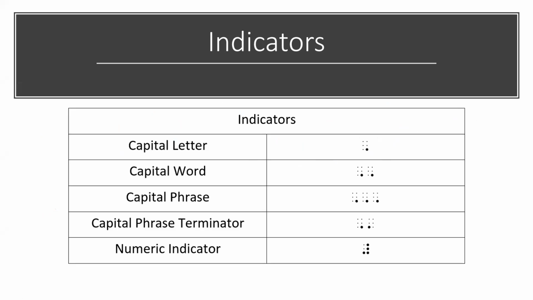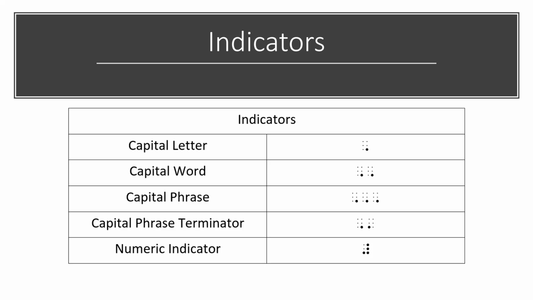So dot 6 in front of a letter is a capital letter indicator. Dots 6-6 would capitalize the entire word. And the new thing we had in UEB was the capital phrase indicator, which was dots 6-6-6 in front of a phrase, with a terminator at the end of it. It has to be at least 3 or more words to be a phrase.